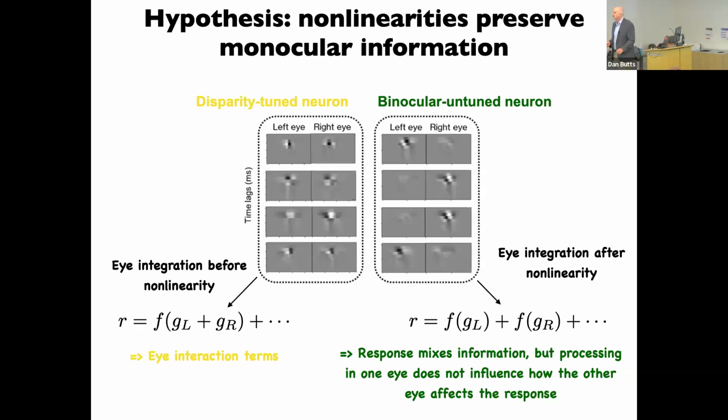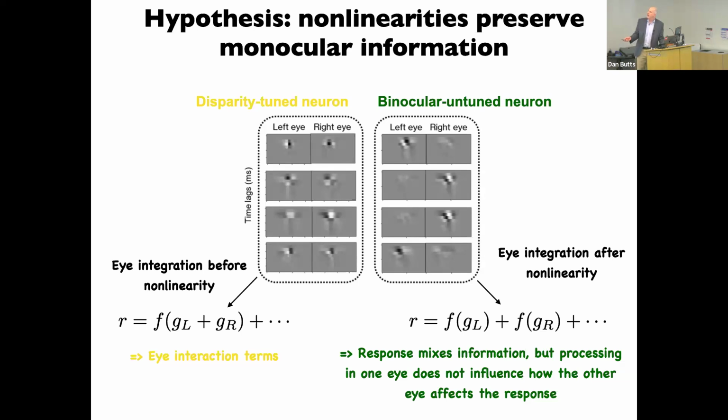However, this brings us to a hypothesis, which is that what these nonlinearities actually do is prevent mixing of left and right eye information. The reason is that if you add left and right eye before a nonlinearity, then you get these interaction terms in, for example, the binocular energy model.